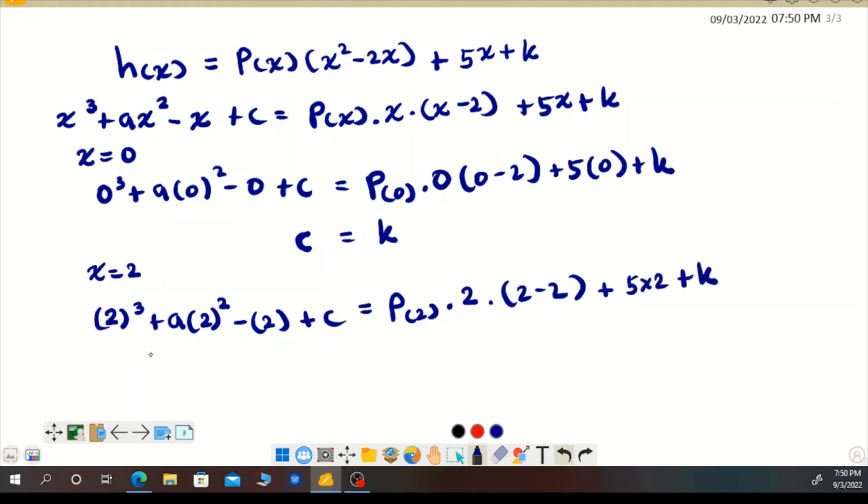Then I get 8 plus 4a minus 2 plus c. This whole p(2) term is going to be 0, then 10 plus k.